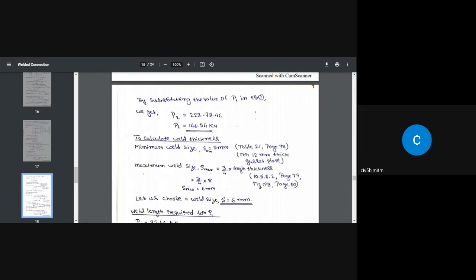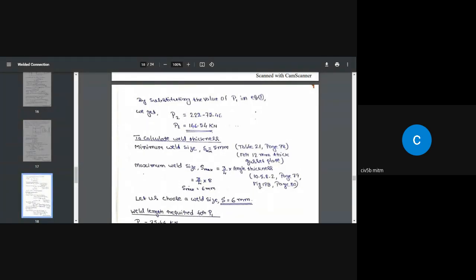In the second column, it says minimum size of first run or of a single run fillet weld. So we always care about a single run fillet weld. We don't worry about the second run, third run, etc., because that rarely happens. So for the minimum size of the weld, we look at the thickness of the thicker part.